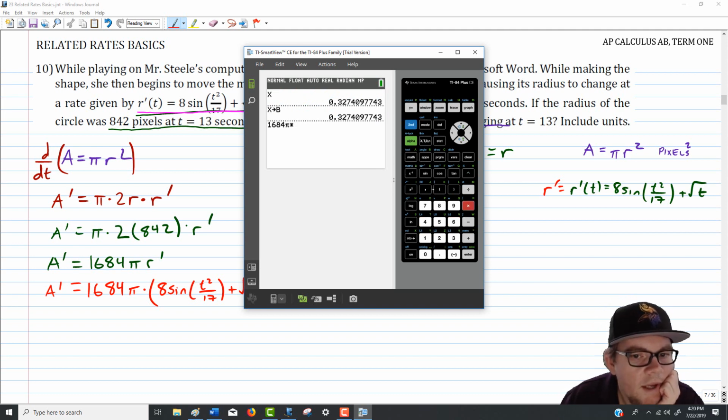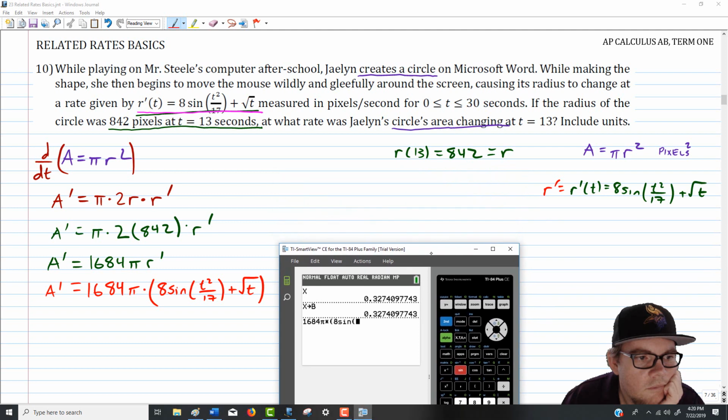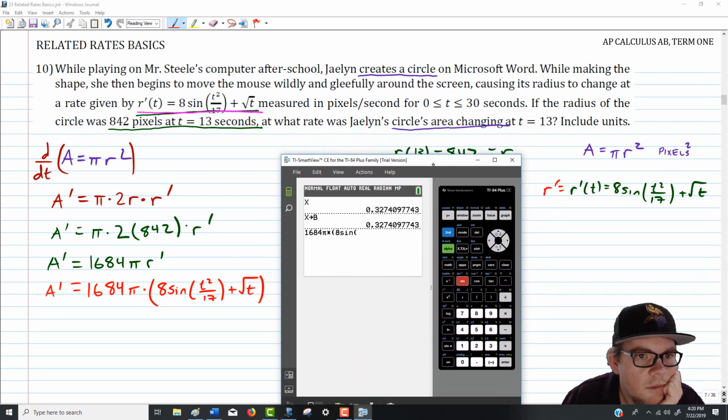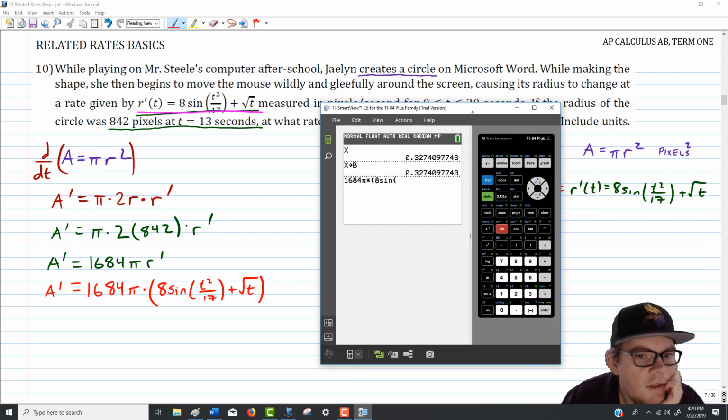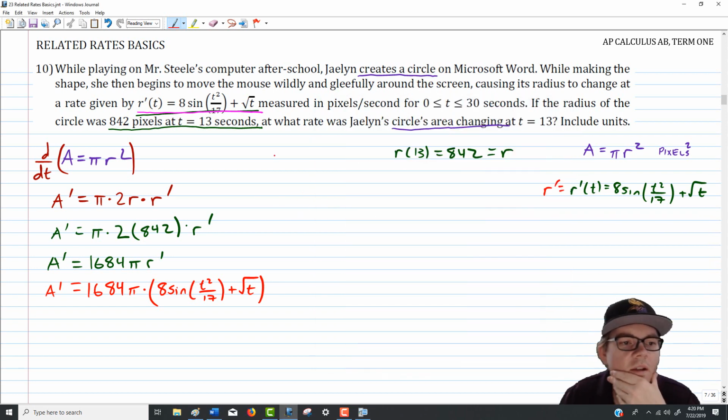We want to multiply that by the quantity 8 sine of, what do we got here? Oh, it's 13 seconds. Oh, look, I missed one thing. Look at that. Look how easy that is. It said we were at 842 pixels at 13 seconds. We used the 842 and the 13 here already.